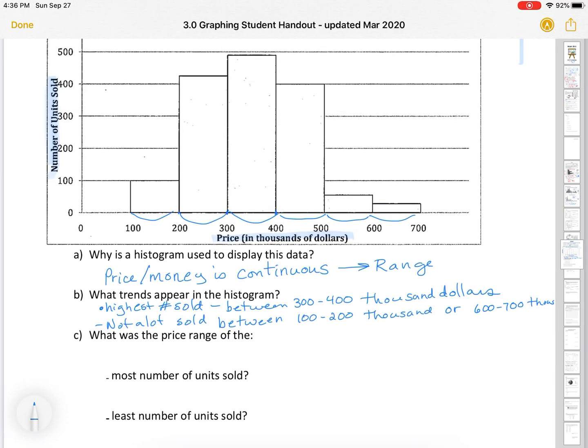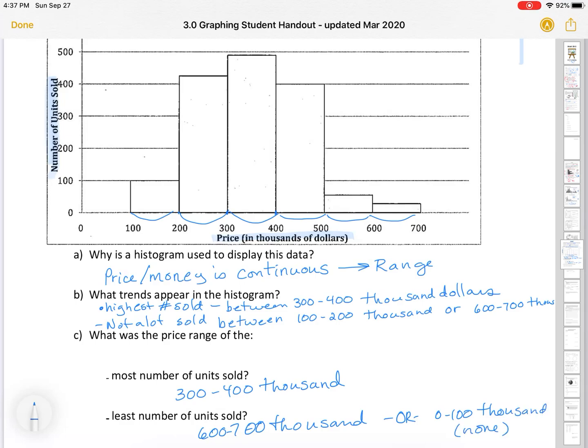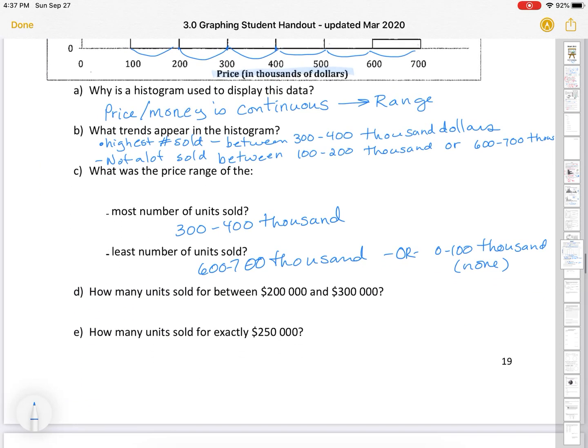So the most number of units sold, as we indicated in that last question, was 300 to 400,000. And the least number, well, the least is 600 to 700,000. Okay? Or you could say it's actually 0 to 100,000, because none were sold, right? This is none. I would take both, okay?